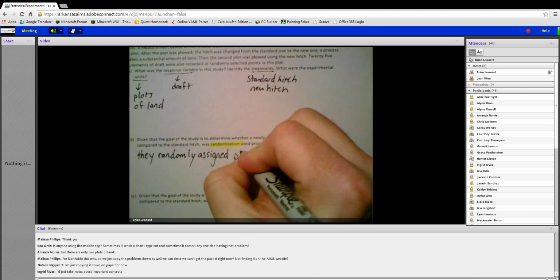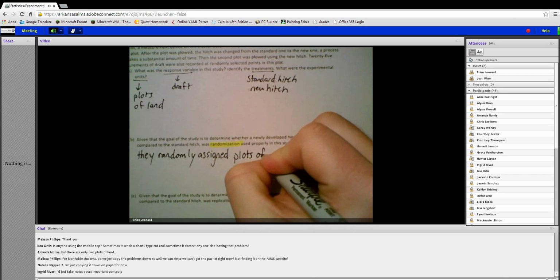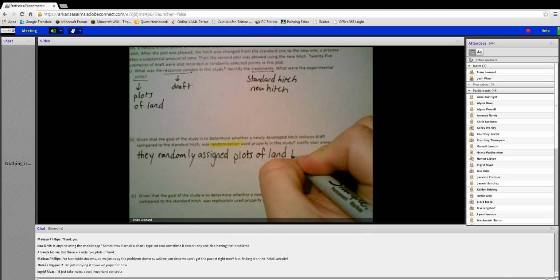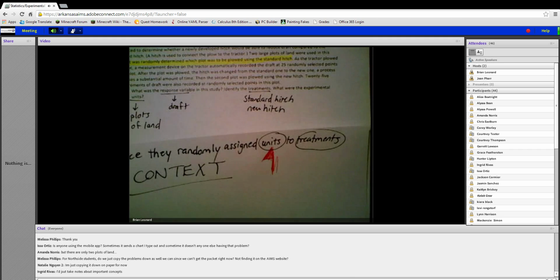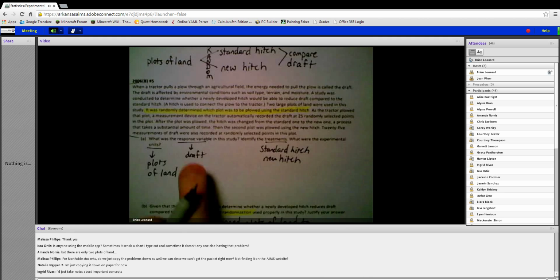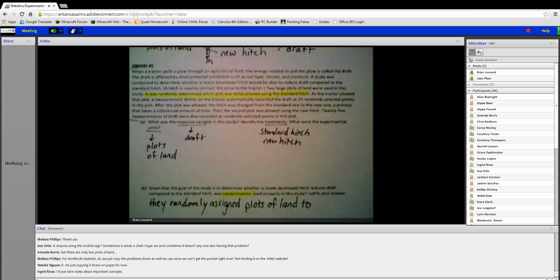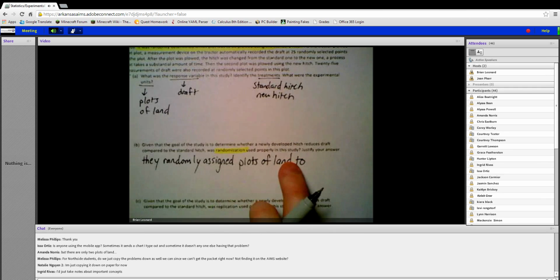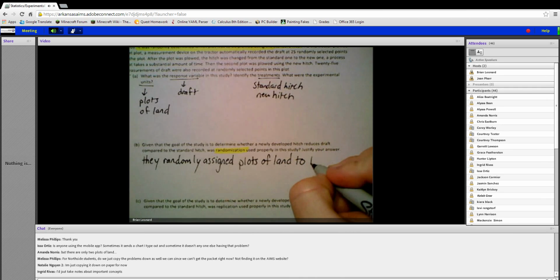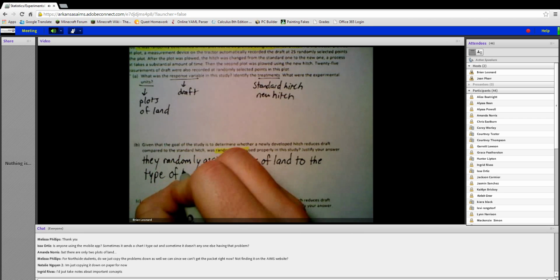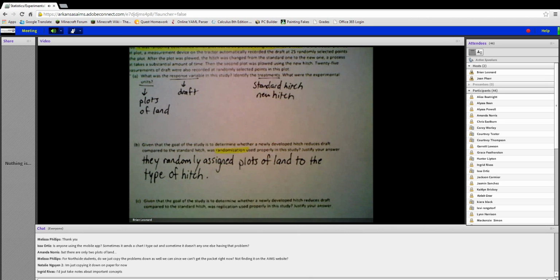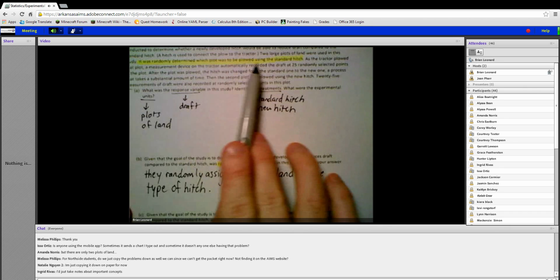So they randomly assigned plots of land to, again, who are my treatments? The standard and new hitch. So they randomly assigned plots of land to the type of hitch. And that was given us in the problem.